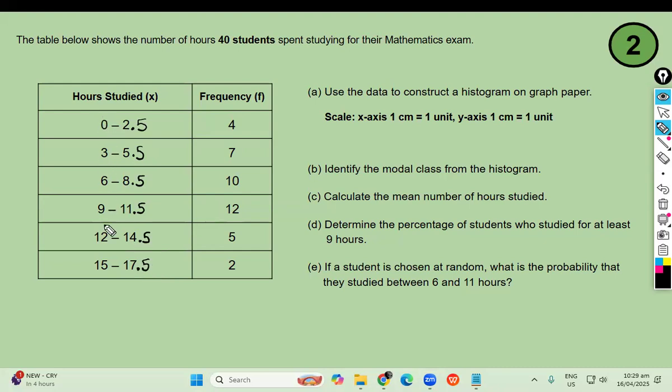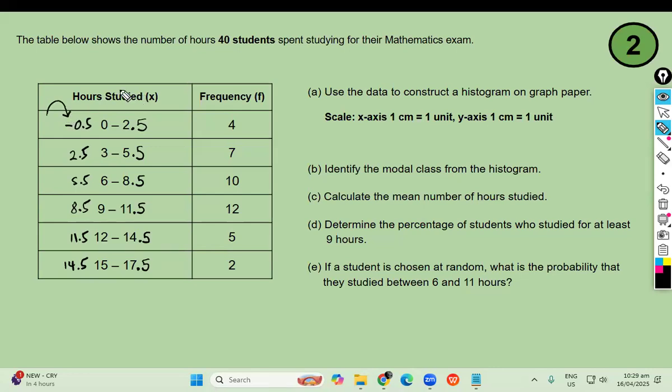Now, for everyone on this side, you're supposed to subtract 0.5. So you're going to get minus 0.5, 2.5, 5.5, 8.5, 11.5, and 14.5.